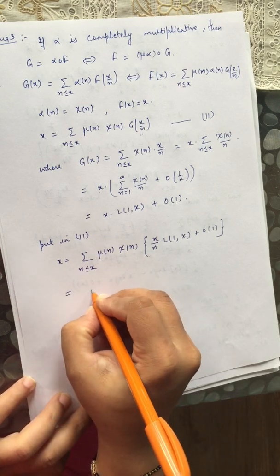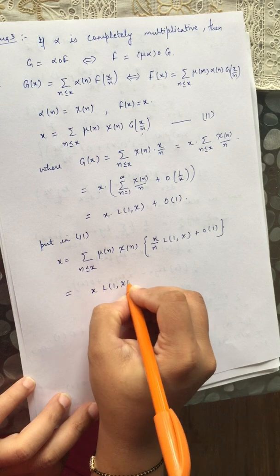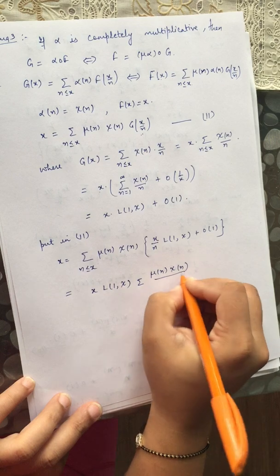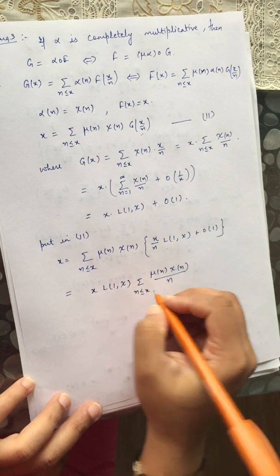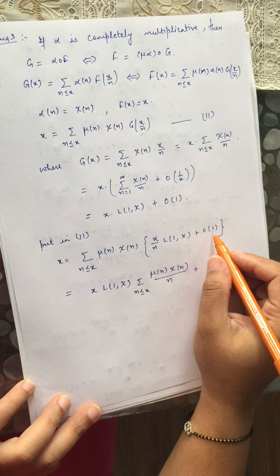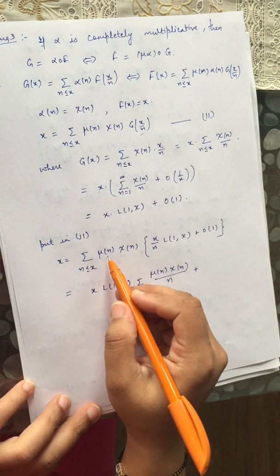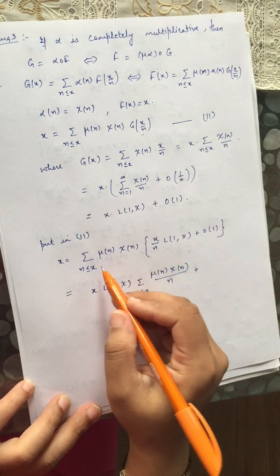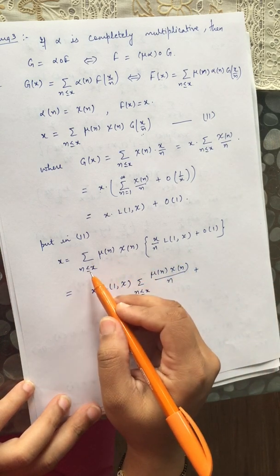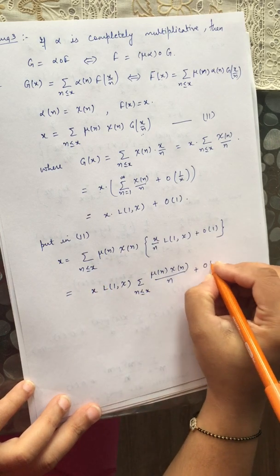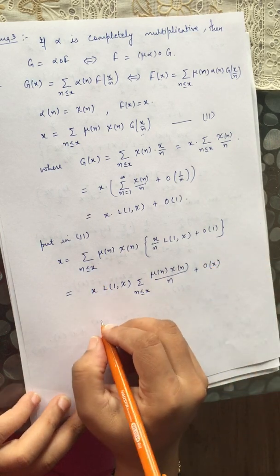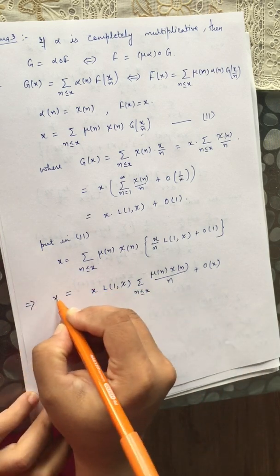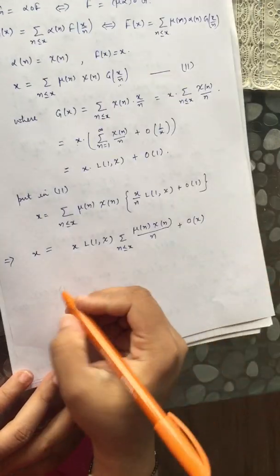So this is x L(1,χ) summation μ(n)χ(n)/n. Now the order term contains summation μ(n)χ(n), and we know the modulus of both μ(n) and χ(n) is less than or equal to 1, so the order term just becomes summation of 1 over n less than or equal to x, and that will be less than or equal to x, so this term can be written as O(x). Now if we divide the whole term by x, then we get the required result.